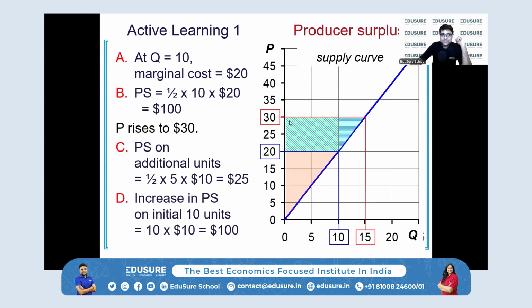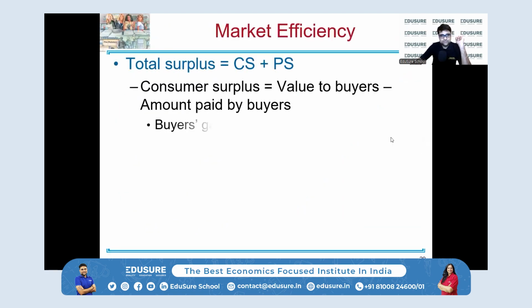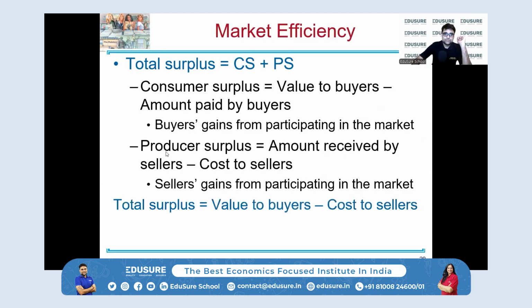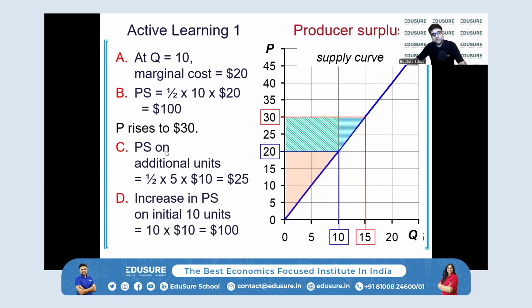And the existing sellers are also getting a higher profit. That's this green rectangle. So this green and this blue is the total increase in the producer surplus. Okay. So that's about producer surplus.